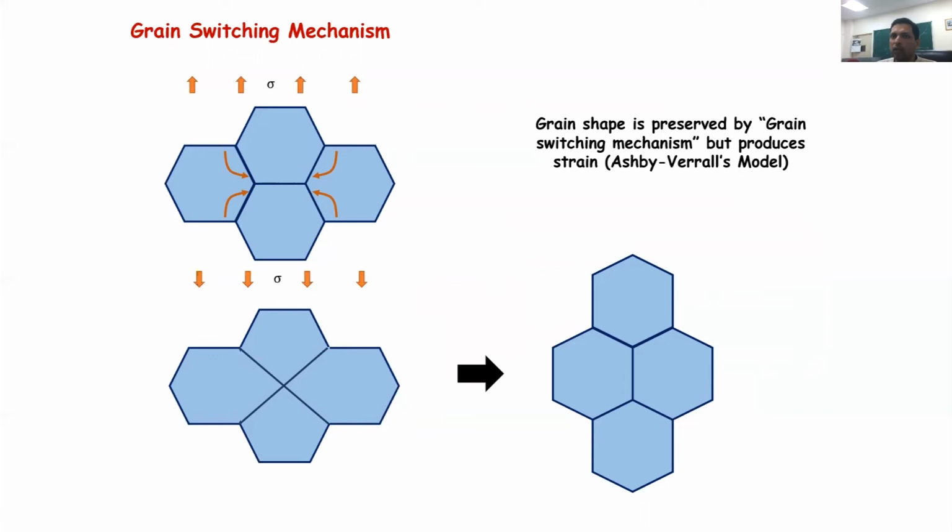So let's say these are the 4 grains, and the mass is moving like this over here, and therefore eventually there will be a crossover shape, something like this, and because the mass keeps moving in that direction, eventually this grain would form. So overall the grain shape is preserved, but because of the switching, strain has taken place and the overall dimension has changed. So this is another mechanism by which dimensions inside the component can change.